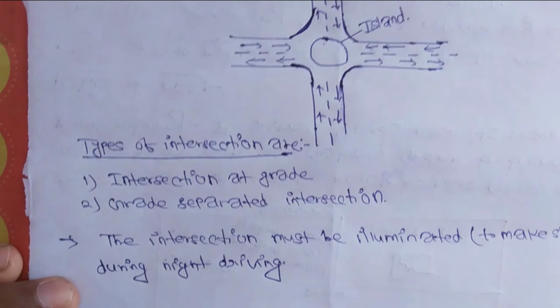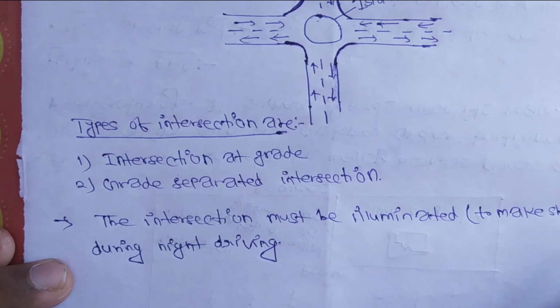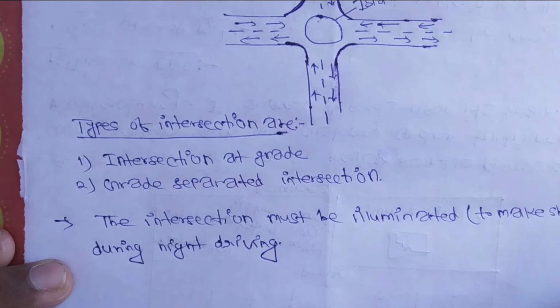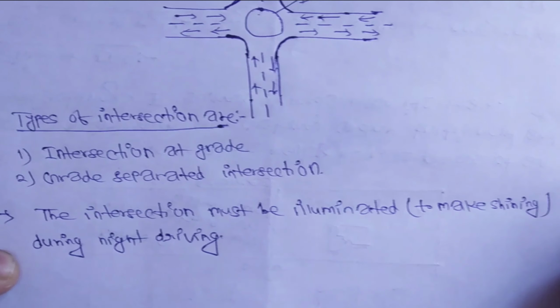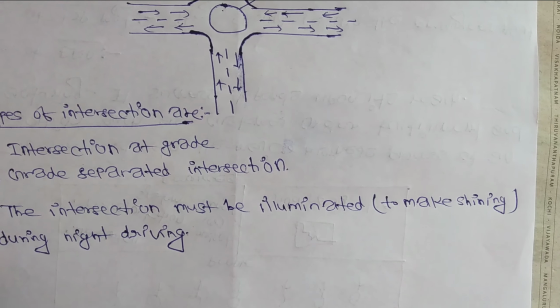Means while we are designing, the intersection should be illuminated at night time so that it is easily visible to the driver at night time and prevents the collision between the vehicles. So that is all about the importance of geometric design.